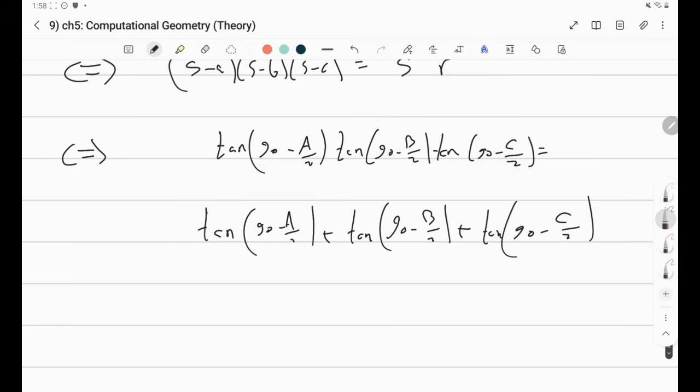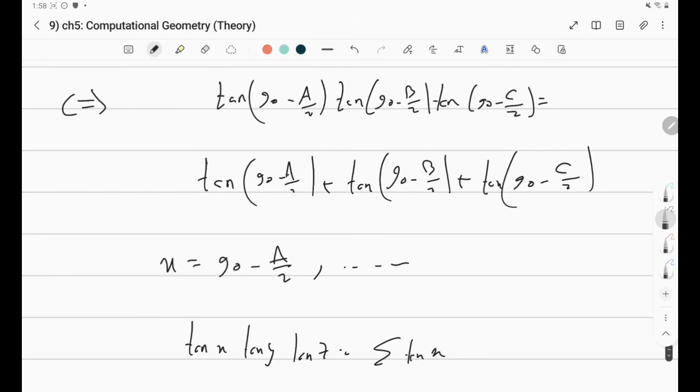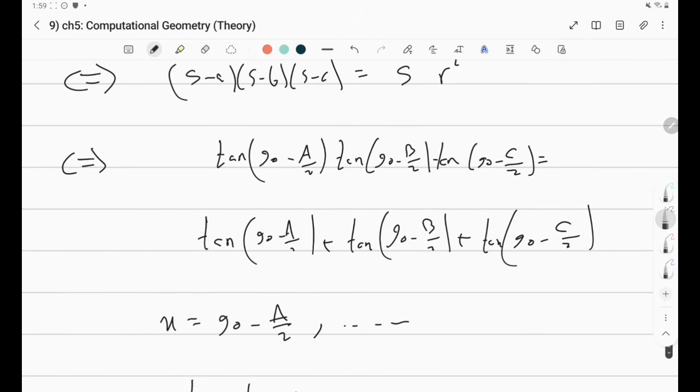As you can see, given these three, if we just call them x, y, and z, so if I just call this 90 minus A over 2, and the same for the others, then I just need to show that tan x tan y tan z is equal to the sum tan x plus tan y plus tan z. And actually, this is correct. Why? It's a trig identity.